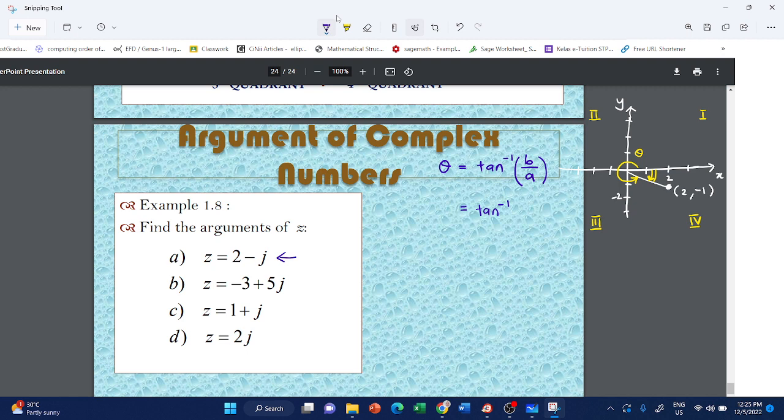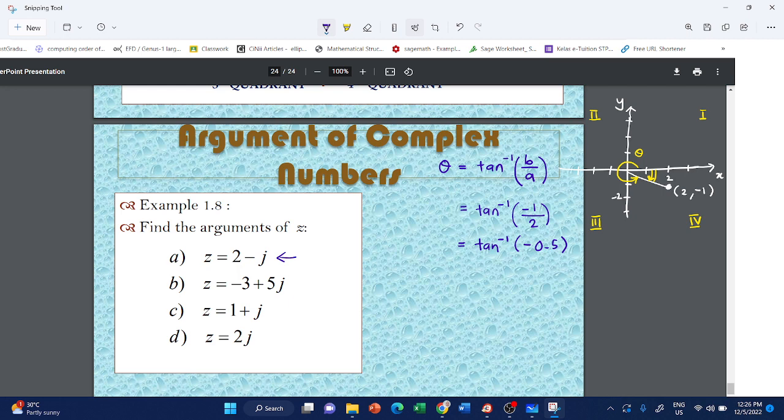Your B is negative 1, your A is 2. So we will write something like this. When you simplify, you will get inverse tangent of negative 0.5 in decimal. Correct?